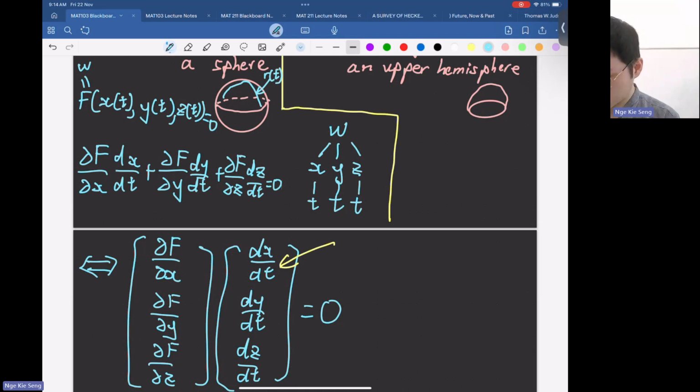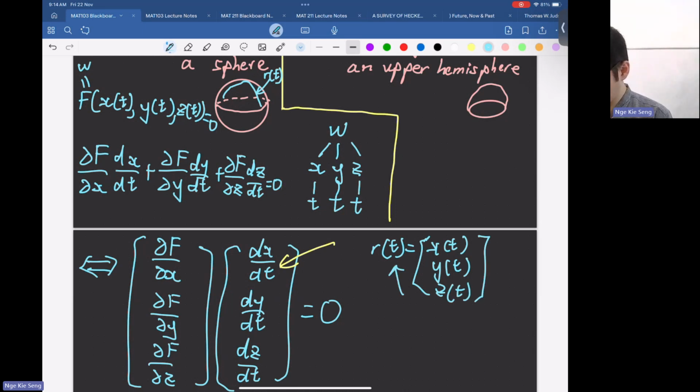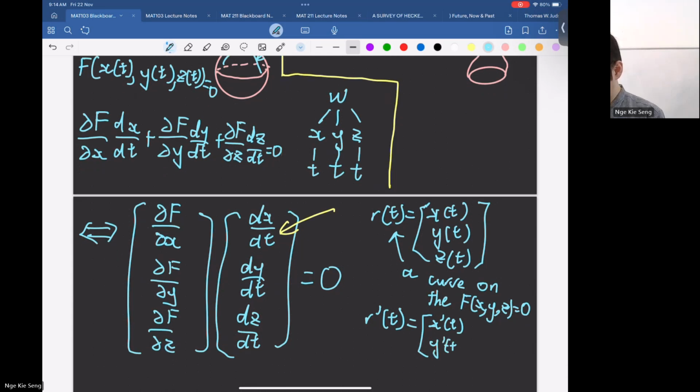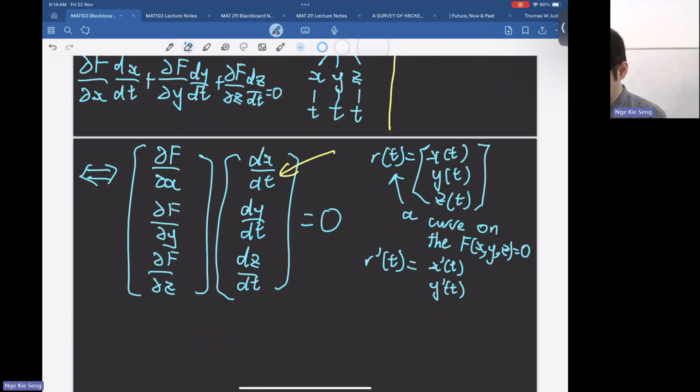Let's call it r(t), where r(t) equals (x(t), y(t), z(t)). This represents a curve or path on the level surface f(x, y, z) equals 0. In this case, on the left hand side, the vector is just the tangent vector of your path.